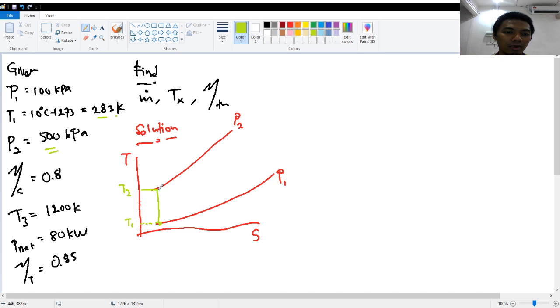Okay, and it expands again through P2 at 500 kilopascal to the maximum temperature of, let's say here, this is your T max, 1200 K.